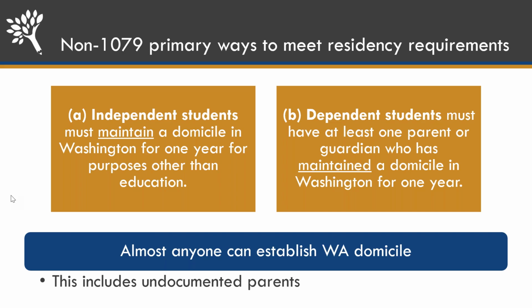Another question we had is, is there a flag for financial aid administrators when a student selects the special circumstances? When you review the WASFA, there is a section labeled special circumstances, and you will find a code.